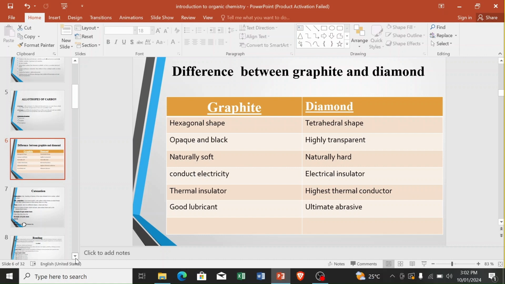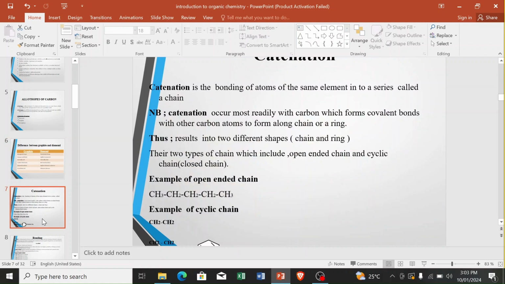So after looking at this specific property of carbon, we want to look at another property of carbon, and that takes us to catenation. Catenation is another property of carbon. Catenation is the bonding of atoms of the same element in a series called a chain.